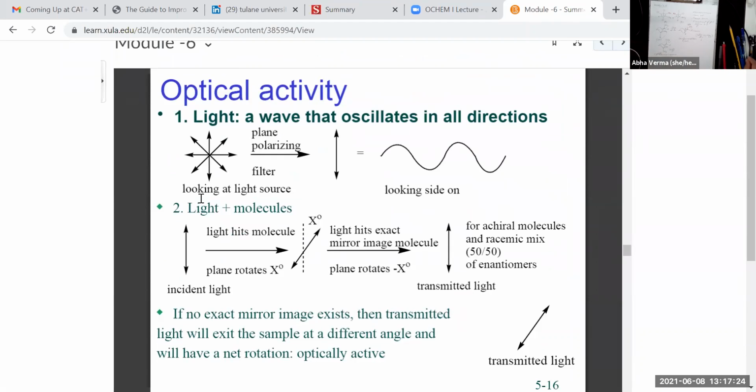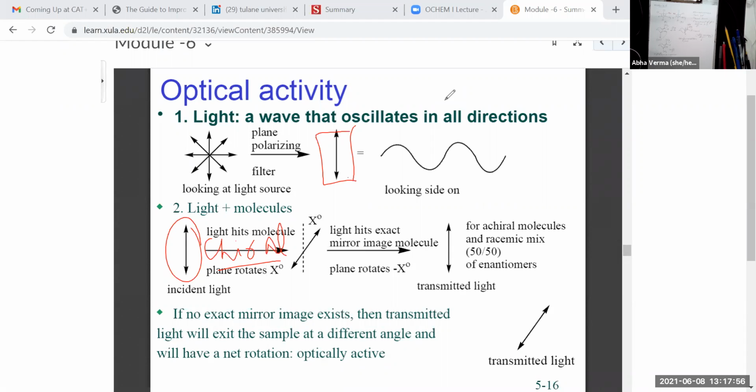Now, when we have regular light, we have to pass it through a filter so it becomes plane polarized light. This plane polarized light, when subjected to a chiral molecule, is a way to determine if something is chiral.